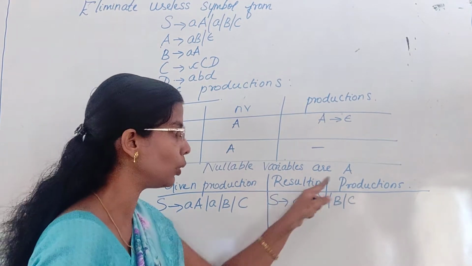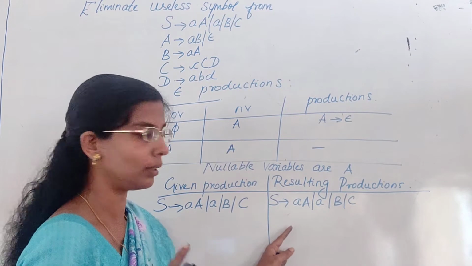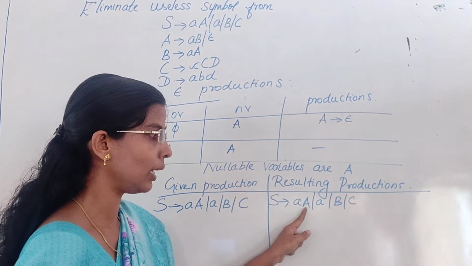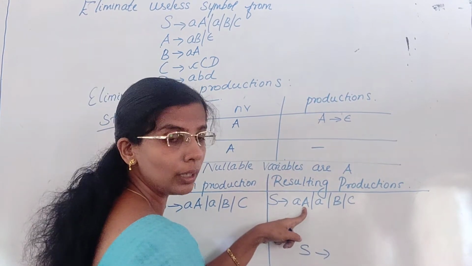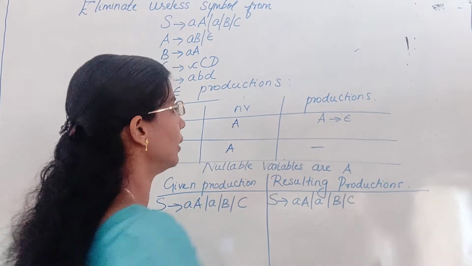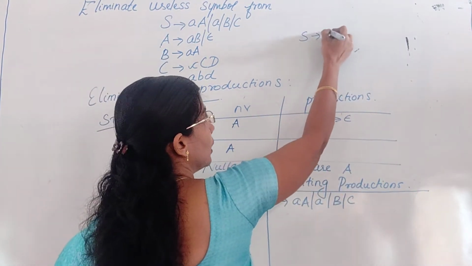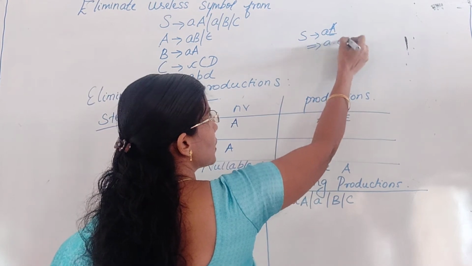Now what do I have to do? For this variable A, I have to substitute null. Right? Where do I have this A? Here. So when I substitute null for this A, A into epsilon, what will I get?